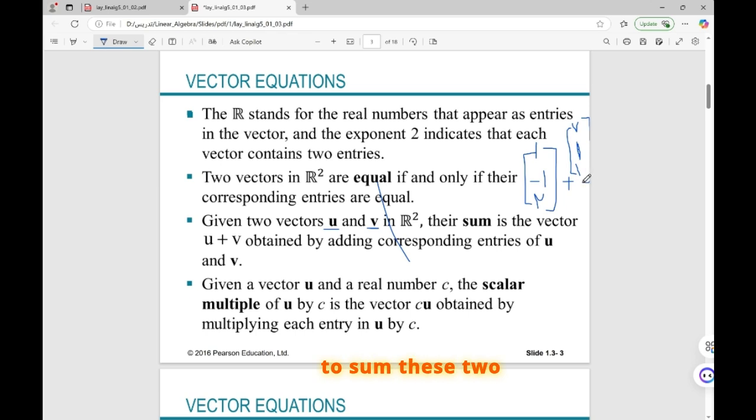You want to sum these two vectors. What is the answer? 1 plus 7 gives you 8. -1 plus 1 gives you 0. And 2 plus 1 gives you 3. So this is the result. 8, 0, 3 is the result. Right?